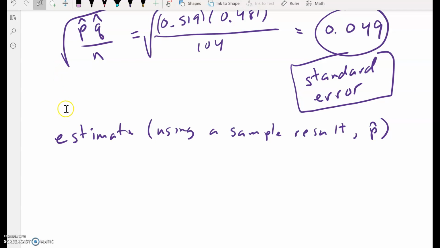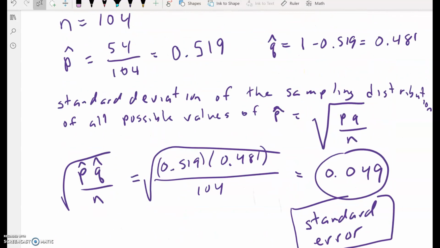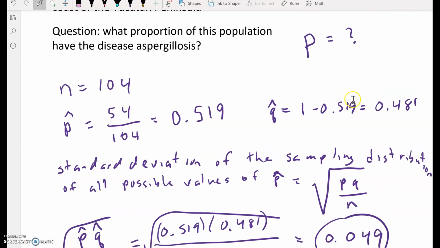An estimate of the standard deviation, I'm going to abbreviate standard deviation just SD, of the sampling distribution. And the formula, instead of the square root of PQ over N, it's the square root of p hat q hat over n. So we need to use the phrase standard error to remind ourselves it's just an estimate of the real standard deviation of the sampling distribution, because we're never going to know what that is.